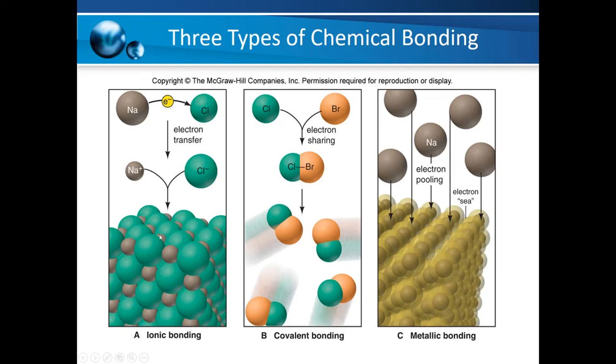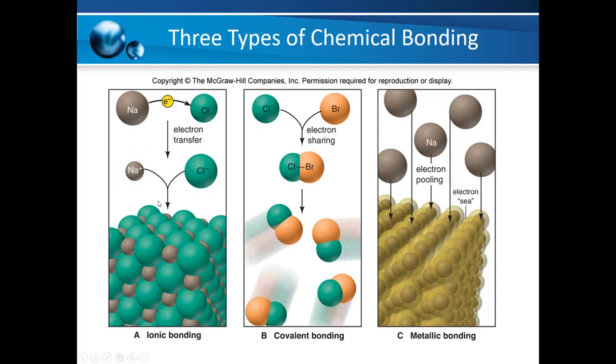So here is ionic bonding. Ionic bonding can normally be observed in salt, or sodium chloride, because sodium is more electropositive and chlorine is more electronegative. The electronegativity between them is such that one is positive and one is negative.